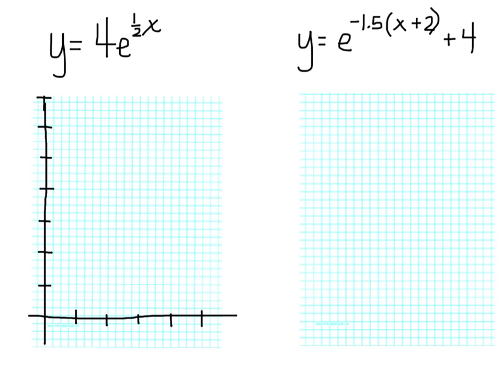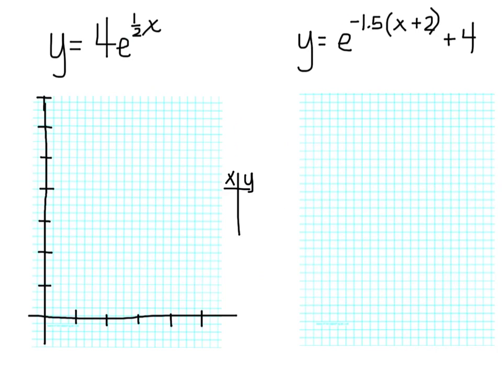For the non-calculator portion, I think you ought to be able to graph e to the 1x, or e to the negative x. So you should know that e to the 1 is 2.718, e to the negative 1 is 0.468. But this obviously is going to have to be done by calculator.